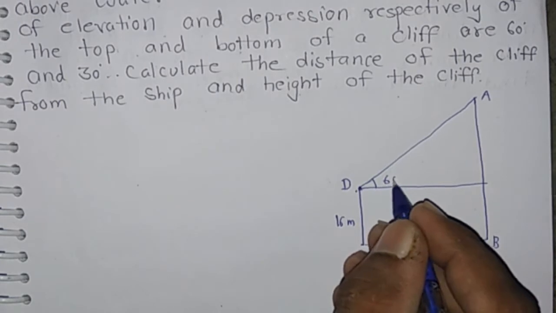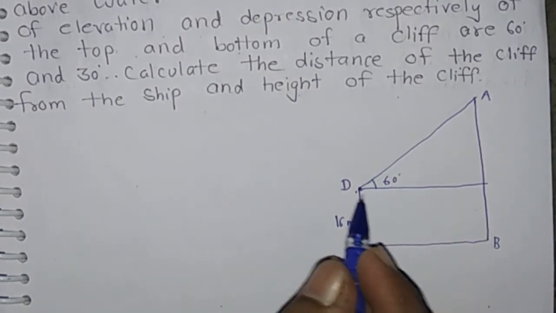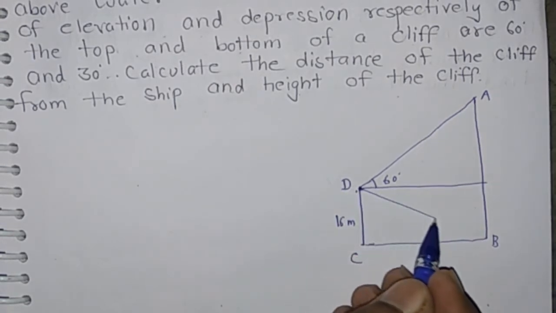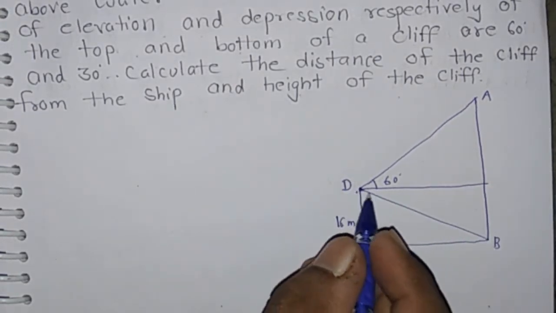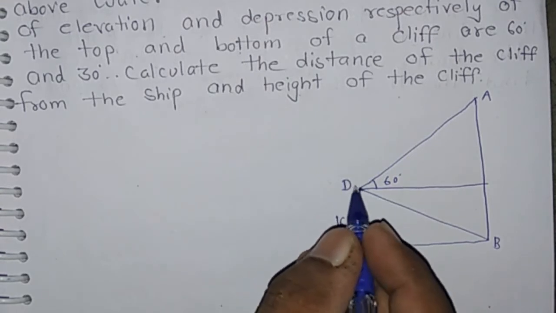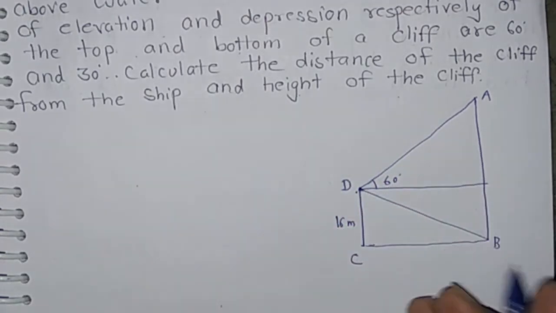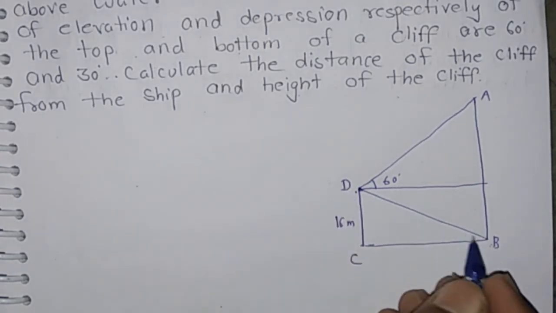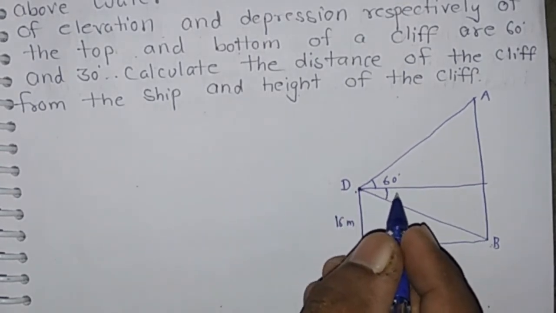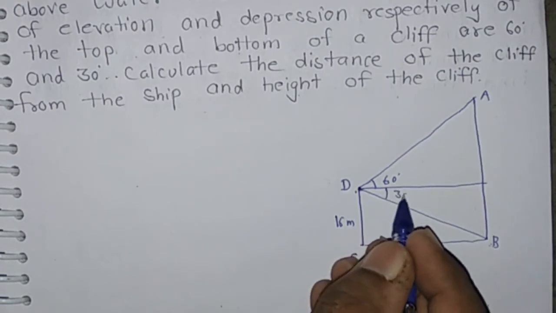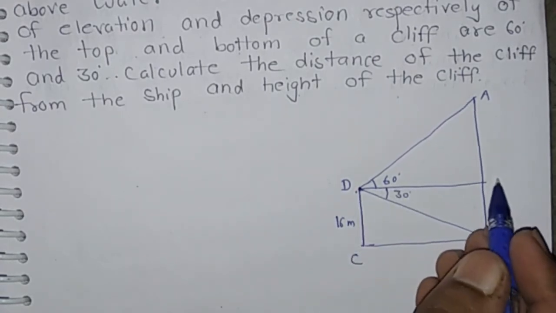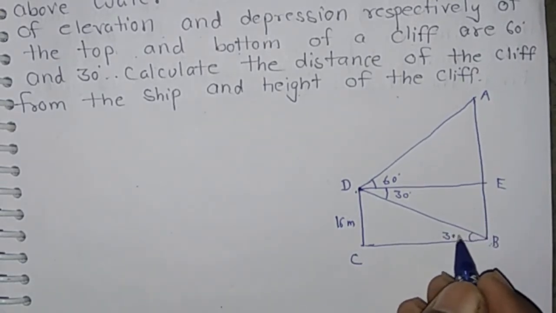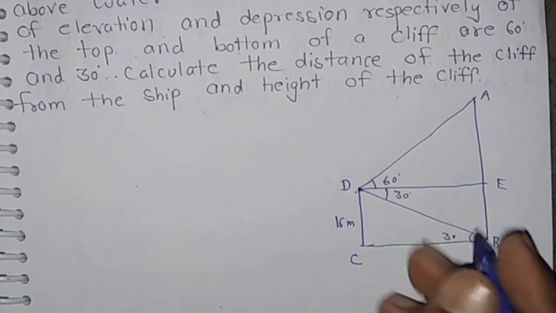It is 60 degree, and the angle of depression of the bottom, angle of depression, because man is above the foot of the cliff, means the bottom of the cliff. Then we make angle of depression 30 degree, and it is angle EDB is equal to angle DBC, because these are alternate angles.